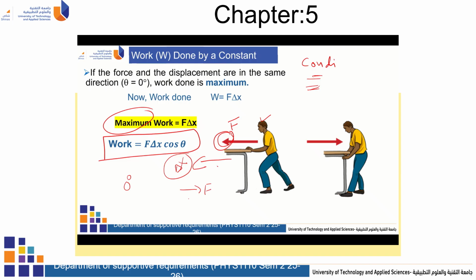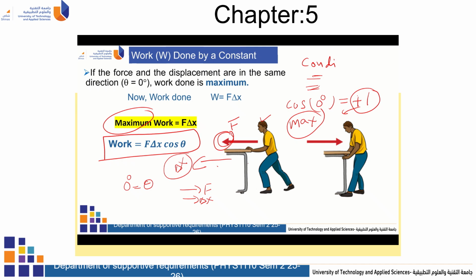So theta is 0 degree, and cosine 0 degree is 1. In the cosine table, this is the maximum value of the cosine.